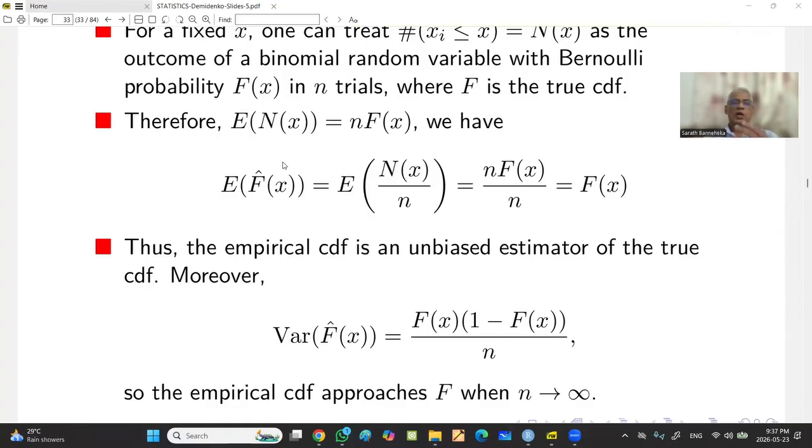In practice we don't know the actual theoretical distributions, but here let us assume that we know that distribution, and therefore we can look at the actual CDF and the different estimates of the CDF. When n is increased, what happens to it? That's what I'm going to look at.